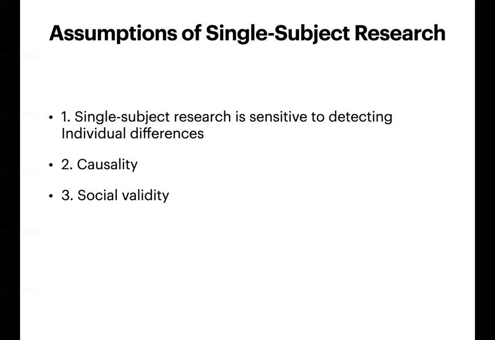The third assumption is that it is important to focus on examining effects that are both strong and consistent, especially if these effects have biological or social significance. Applied researchers are often interested in treatments that are meaningful in real-world settings, which is sometimes referred to as social validity.